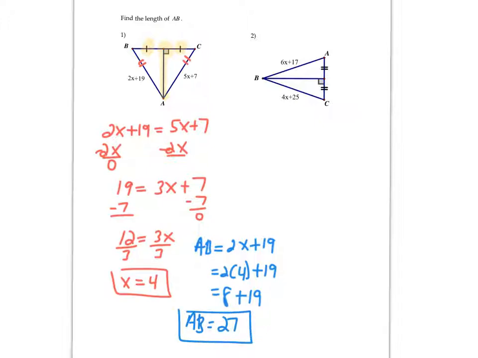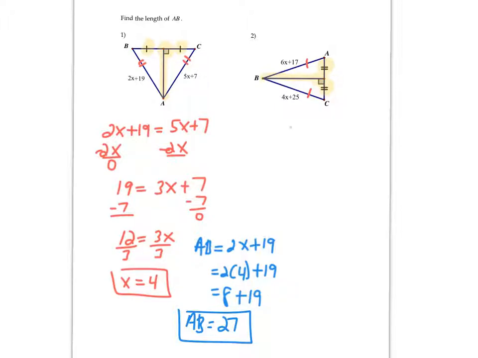All right, and the second problem, again, we have to do the same thing. First, verify that this line segment is perpendicular and that it bisects line segment AC. And those two conditions are met. That means that the line segment AB is congruent to BC.